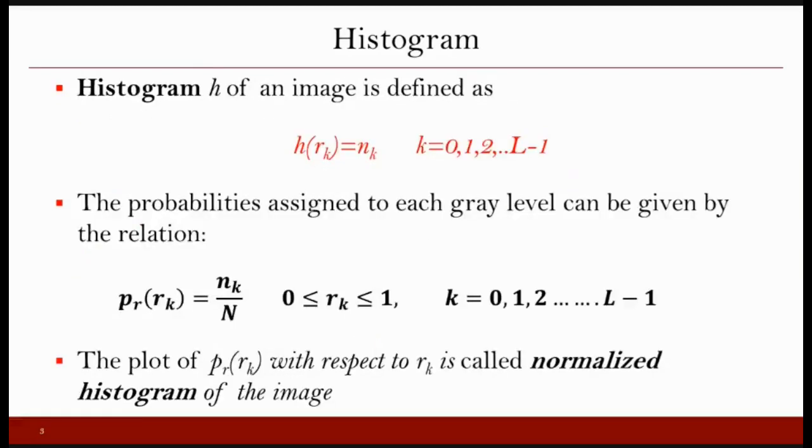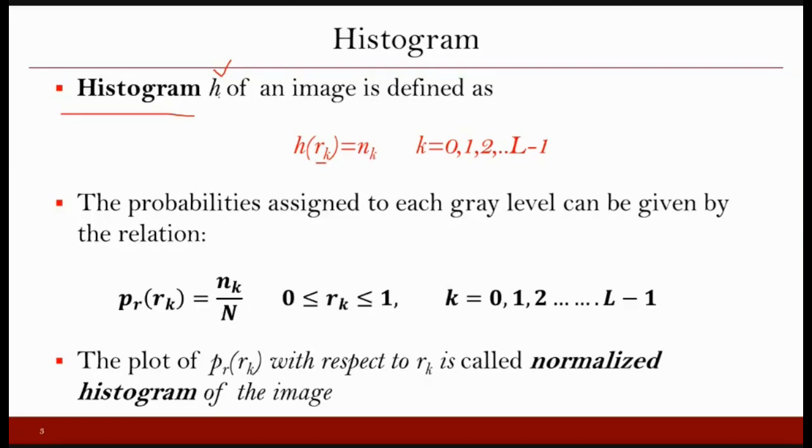Let us first define formally what we mean by histogram. We have referred to this term several times earlier and loosely defined it, but let us formally define the histogram with the help of the notation that we discussed. For the given image, we want to define the histogram h. The value that h holds for r_k will be equal to n_k.